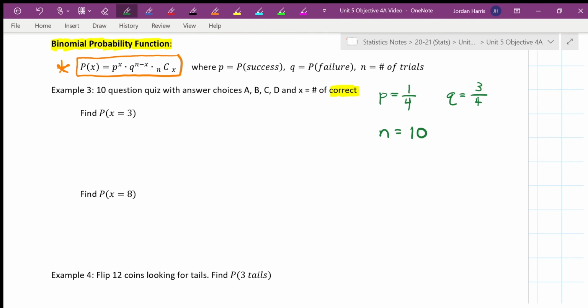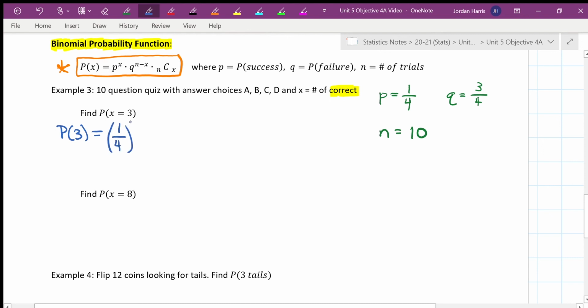To find the probability of x equals 3, we have to use these values and this equation. So it's the probability of getting exactly 3 correct, which should sound familiar. We've actually done this before, but now we're going to use exponents. So a success raised to the power of x. So I want 3 successes. That's what we decide.